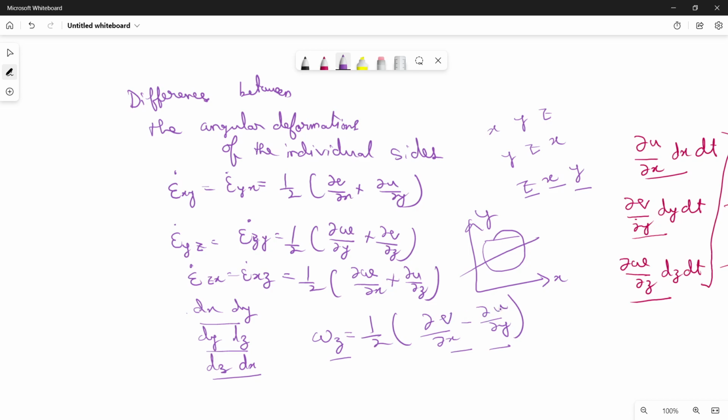Just reverse the velocity field. So this is for the xy plane. Similarly, you have omega x and omega y, and overall you have an omega vector, which is half of the curl of the velocity field. If you remove this half, whatever you are left with is the vorticity.